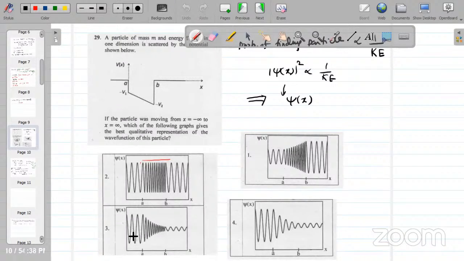Yes. A very important point: they mentioned clearly it is a particle of mass m and energy E that is scattered, right? So when the particle is approaching from minus infinity to A, for example, assume I have 10 particles coming, and there may be a finite probability for some to get reflected at the point A. In region 3, there is no reflection, only transmission.